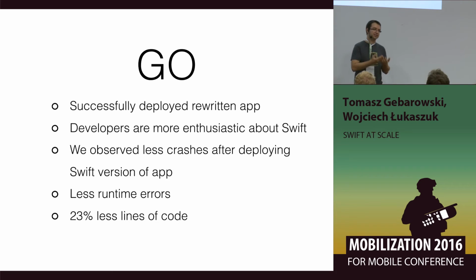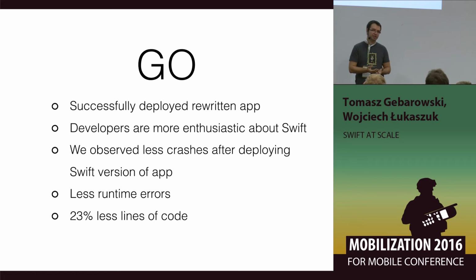We can prevent those crashes faster, at compilation time. We have fewer errors, especially those resulting from referencing nil pointers, and it's much easier to prevent those errors at compilation time.